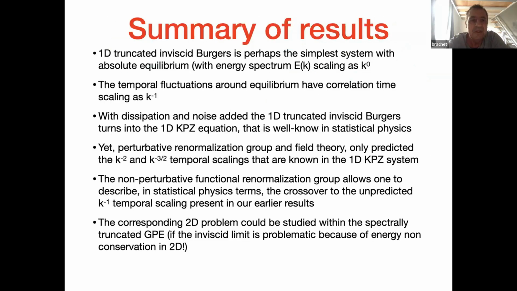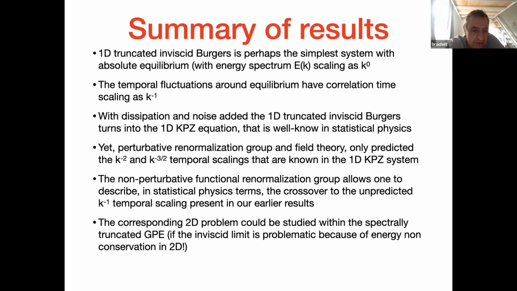And with this, I just summarize very quickly the main results we had. So the 1D system, we found a new temporal scaling that was not predicted by the standard KPZ argument, but the non-perturbative functional renormalization group allowed us to describe this new scaling in terms of a fixed point that is not caught by the perturbative argument.